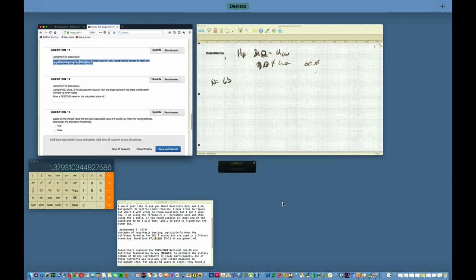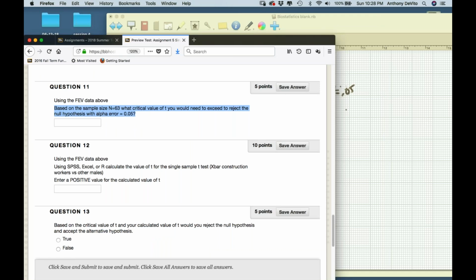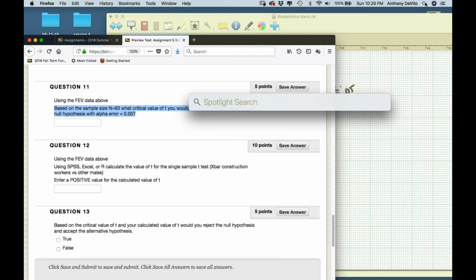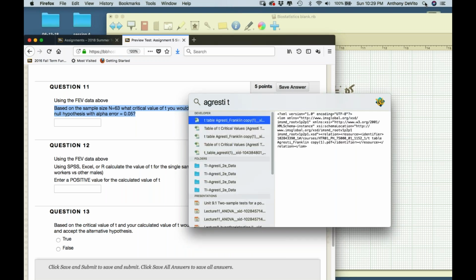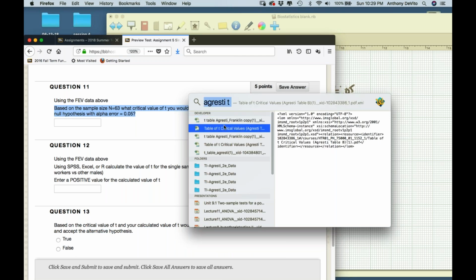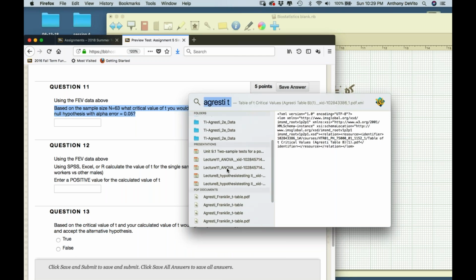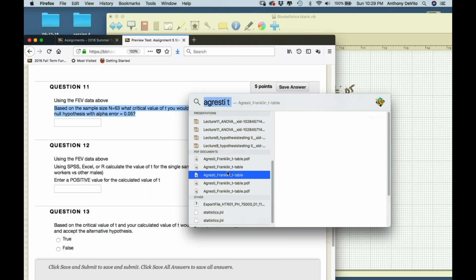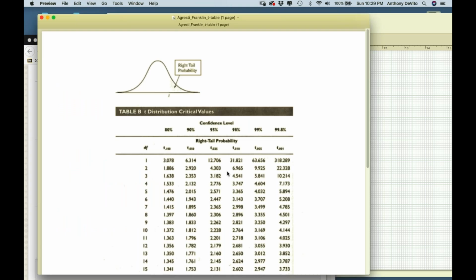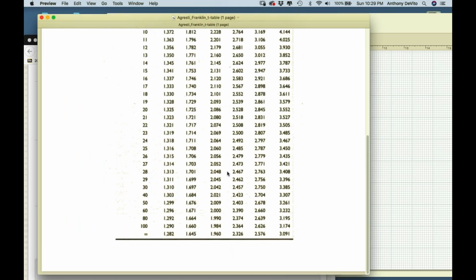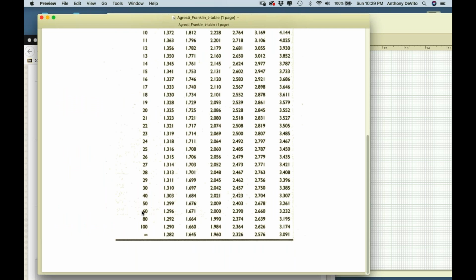So the critical value of t, for 60 or 63, I'm going to fall back to 60, would be equal to 2.0.